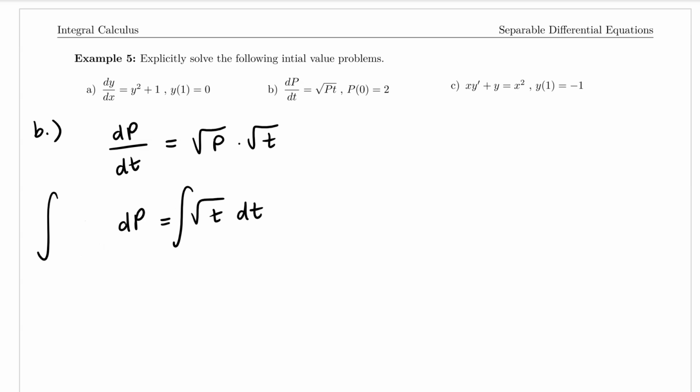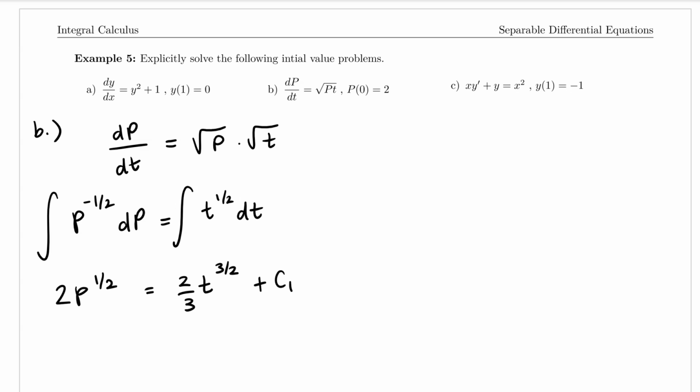It'd probably be helpful to rewrite these as p to the negative 1/2 and t to the 1/2 so that we can end up using the power rule for integrals. So I'm going to increase the power by 1, divide by that new power, and then we have t to the 3/2, and then dividing by 3/2 or multiplying by the reciprocal, and then plus our constant of integration.